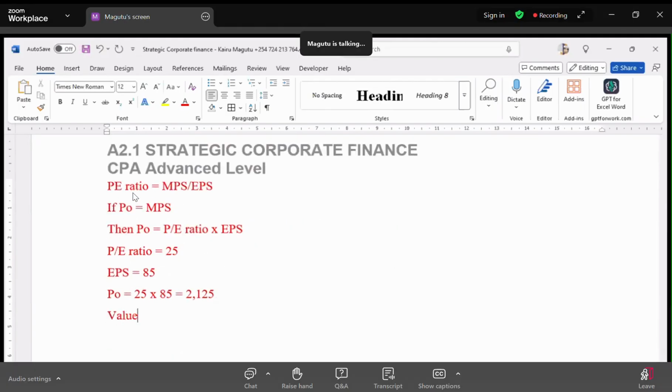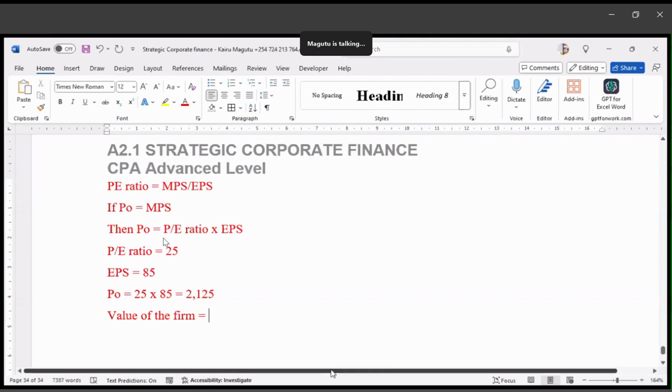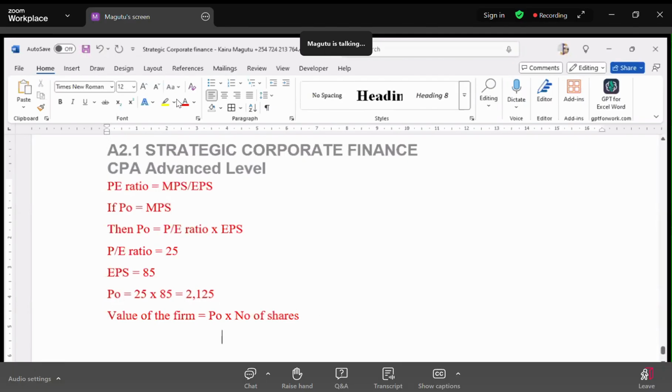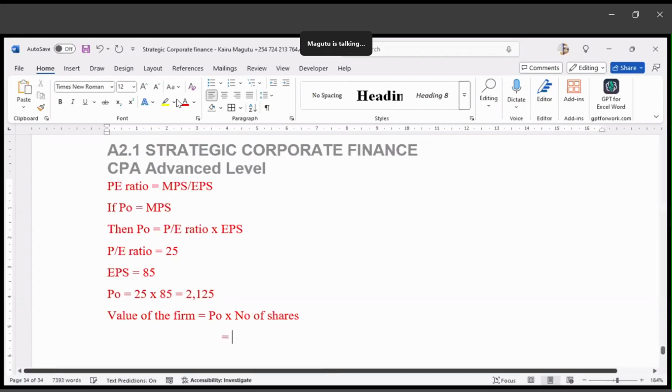So the value of the farm is equal to P naught multiplied by the number of shares outstanding. So we can say that P naught is 21.25.